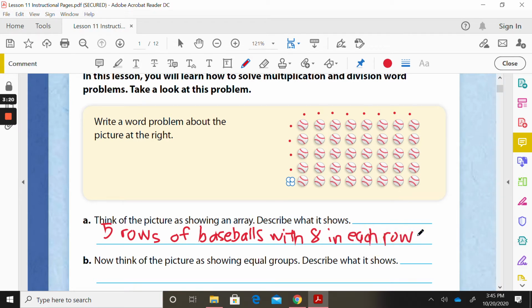So that is what the picture in the problem shows us.